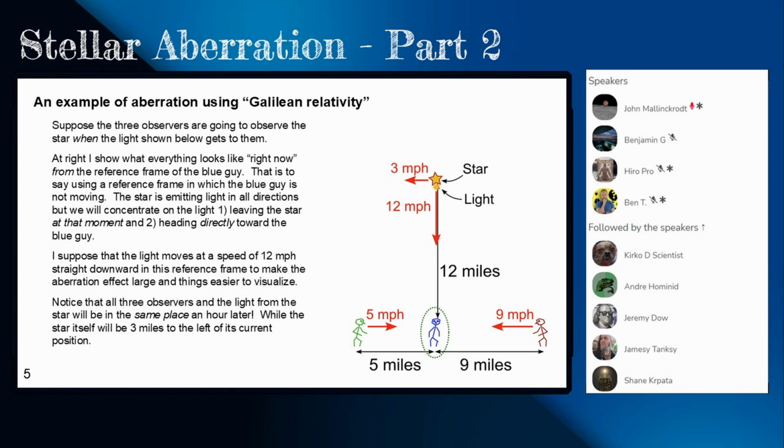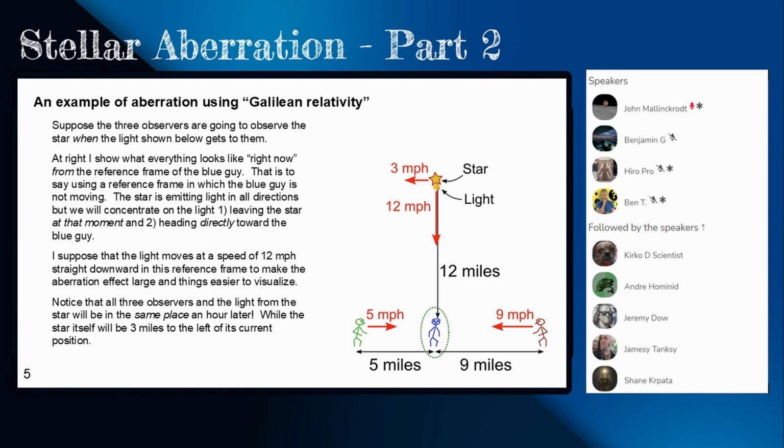I'm showing this view from the reference frame of the blue guy, the guy in the middle. Because you notice he's, quote, not moving. Well, it's not that he's not moving. All I'm really saying is we're looking at it from his reference frame. And he has just as much right as anybody else does to consider himself to be not moving.